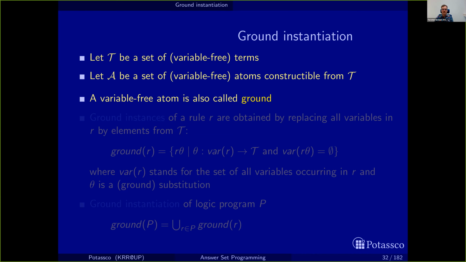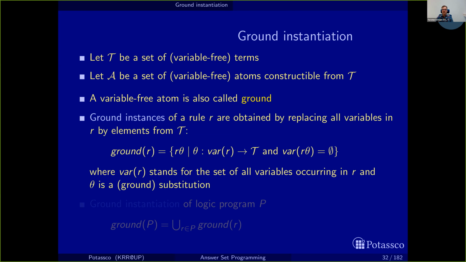Good. So this is then a ground instantiation of a rule. You take one rule with first order variables, and then you obtain a set of ground rules from it. What you more or less do is you take the variables in the rule, and you take a substitution that maps them to some terms. You look at all the substitutions that map these variables to terms, such that when you apply the substitution, there are no variables left.